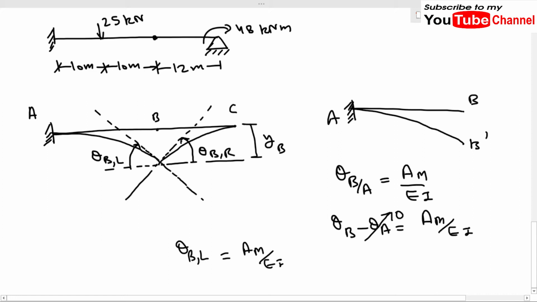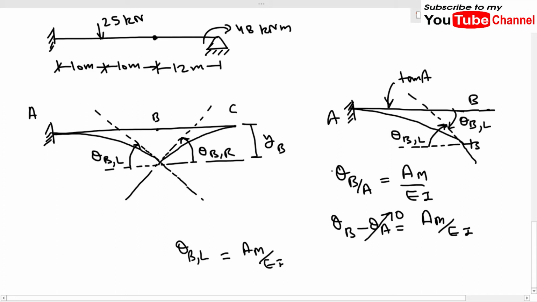Because as I have drawn in this figure, this slope I have drawn as theta BL because this is the tangent at A. If I draw a tangent, let me say this is tan A. The slope of the tangent at A is 0, so this entire slope will be equal to theta B at B. We know from geometry that these two thetas will be equal, so this theta B will be equal to this theta BL.